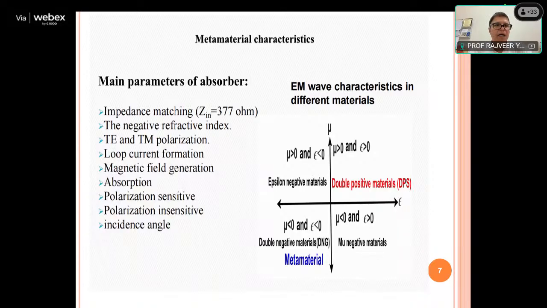These parameters are specifically given for quadrant 3, that is designing of absorber, loop current formation, magnetic field generation, then absorption, then making the device polarization sensitive as well as insensitive, controlling the incident angle. Here we have applied this controlling of incident angle in designing of GNSS antennas.